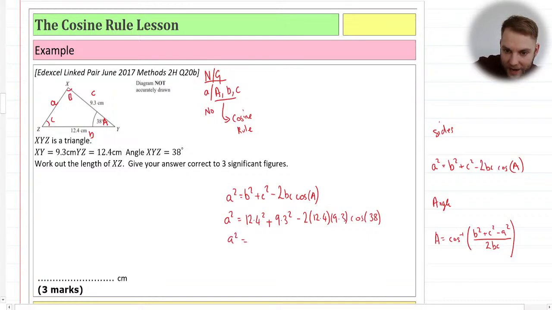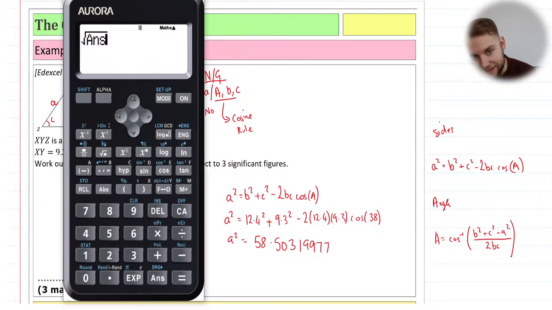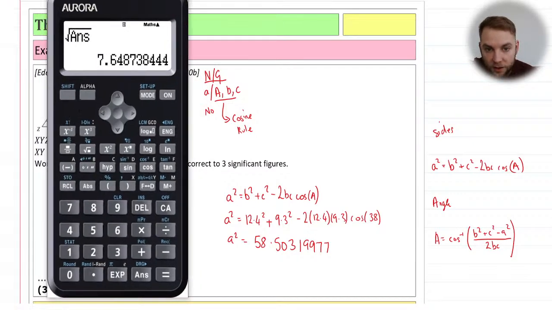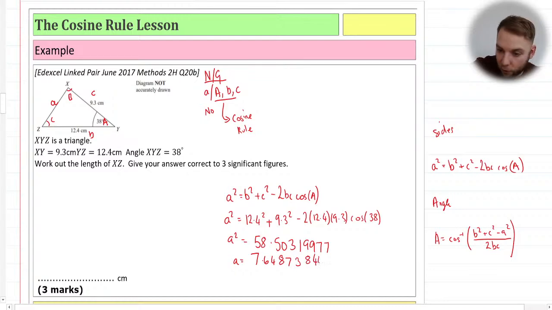So a squared is equal to 58.50319971, but I need to square root this answer, so I press square root of the answer I had previously, and that's going to give me, I'll write the full number down and then I'll round it, so A is equal to 7.6487384444.